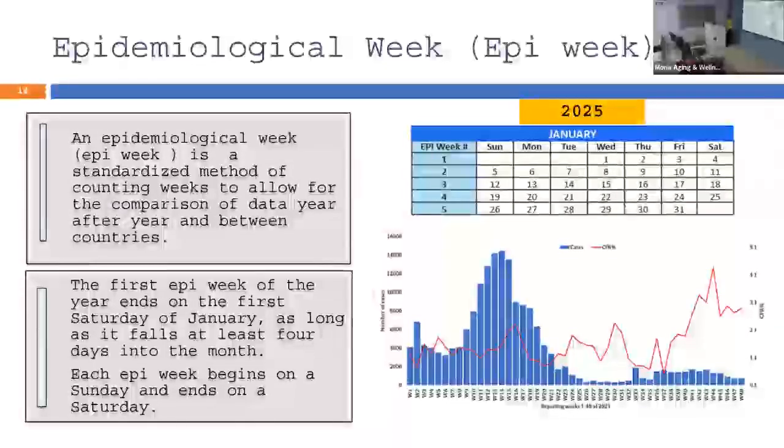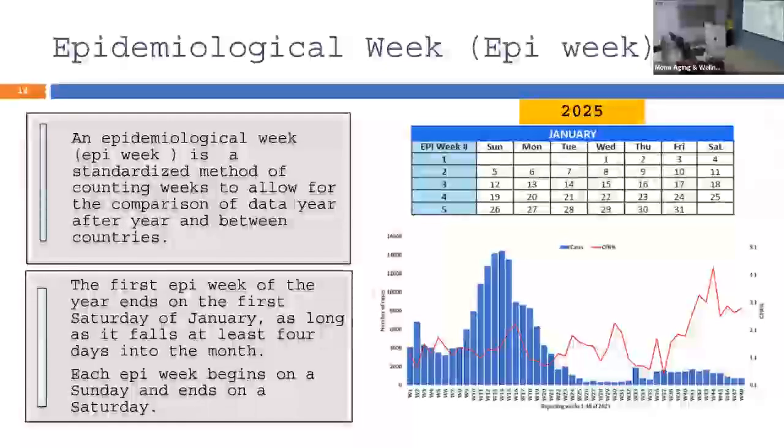So the epidemiological week is a standardized way of counting the weeks in a year, 52 weeks in a year, so that when we talk about week 1 of this year, it's the same thing that the US or Barbados is saying when we say epi week 1. It's the same week that we're talking about.